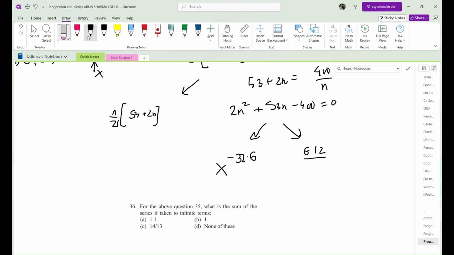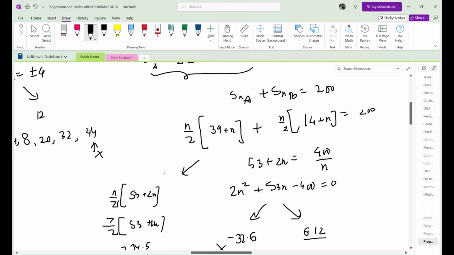So now we can plug in 7. 7 upon 2 into 53 plus 14, which is 67, into 7. That will be 234.5.